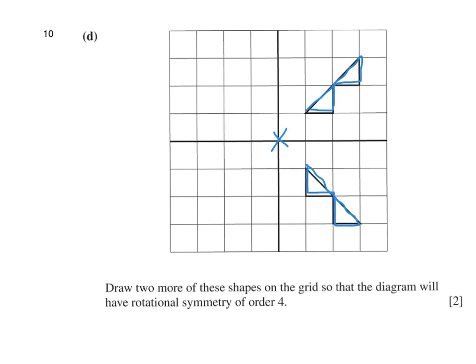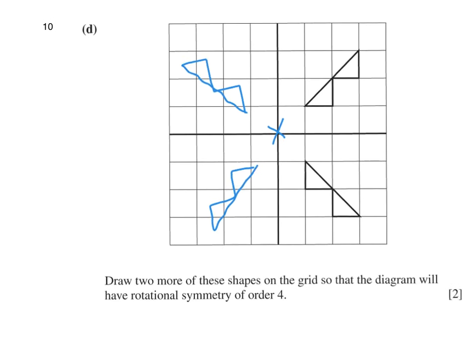And when I now spin these shapes, I can see where I need these to end up for my shape to have rotational symmetry of order 4. So you simply would lift your tracing paper and shade the shapes in the appropriate position. The most common mistake by not using tracing paper is people having their sort of arrows pointing the wrong way. So that will really help you if you take the time to do it properly.